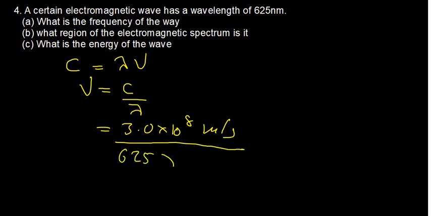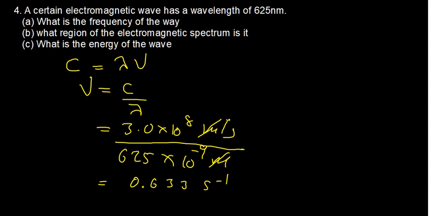To convert it to meters, we multiply by 10 to the power negative 9. It is now in meters. Okay, so what we see is this meter and that meter is going to cancel. What we are going to remain with is per second, and per second is what we call hertz. So the answer we are finding is 0.633 per second.